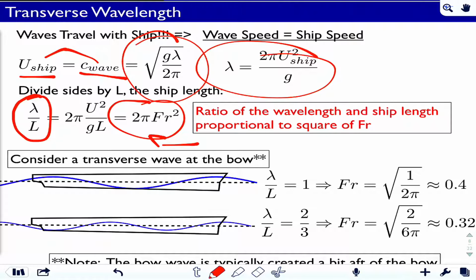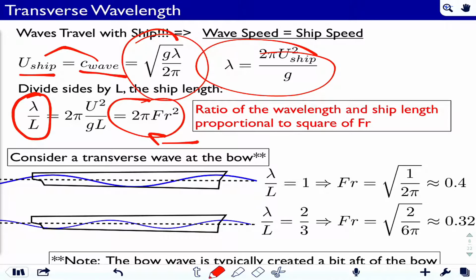So this tells us something about the size of this wave. If we think about a wave that's generated at the bow, and the bow is a pressure source, it's going to generate a positive wave train that will extend sternward from the bow. The length of that wave from crest to crest, relative to the boat length, is going to be established purely by the Froude number.